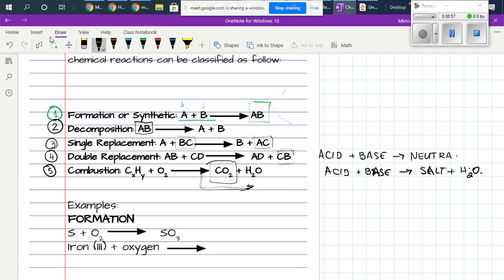Now, one way that you can remember those is to imagine that all those elements and compounds are on a dance floor.